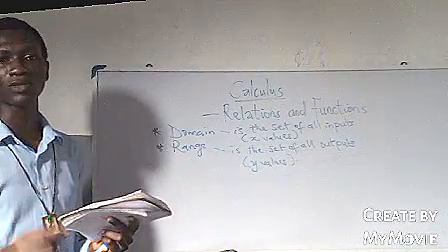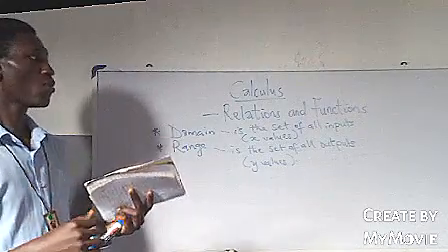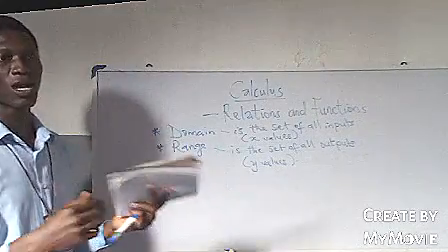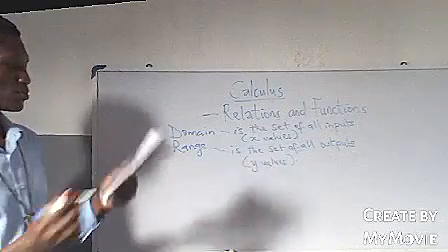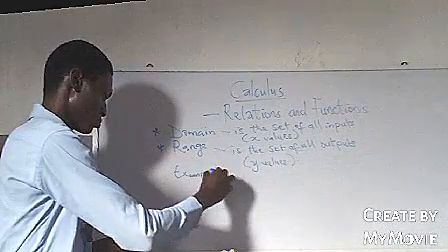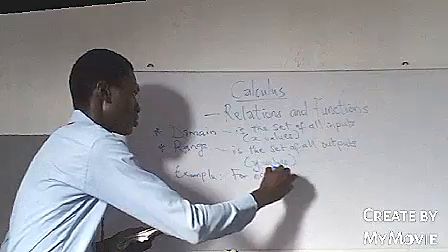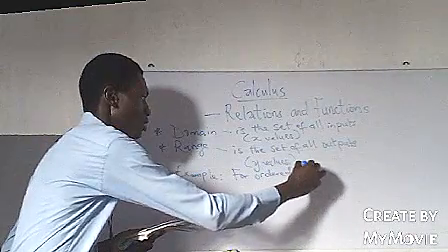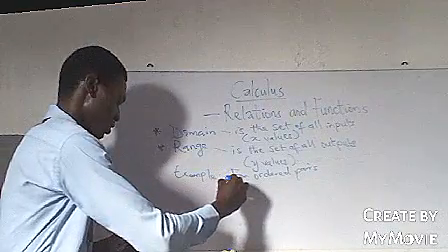But when we talk about ordered pairs, the linking has already been done. So we already have x values and y values. Let's look at an example for ordered pairs. Now let's assume we have something like this.